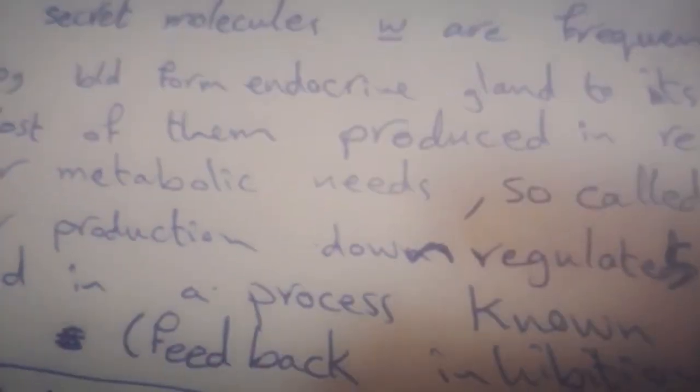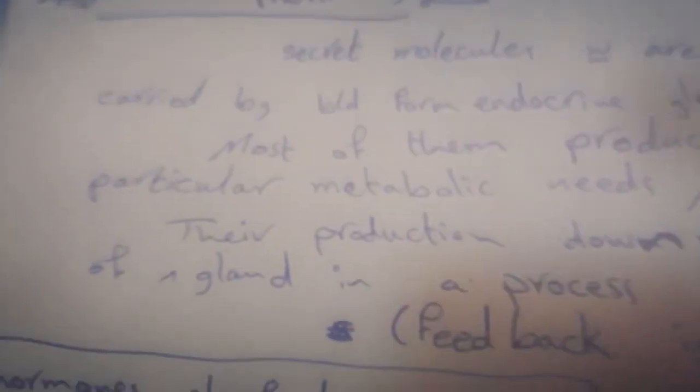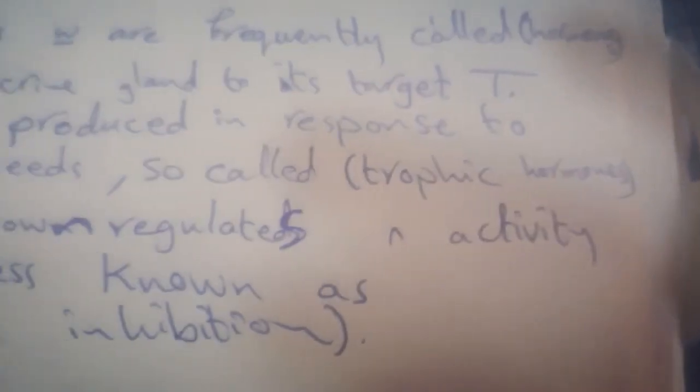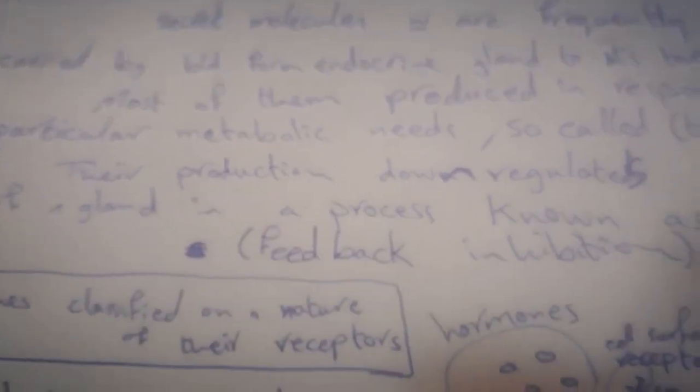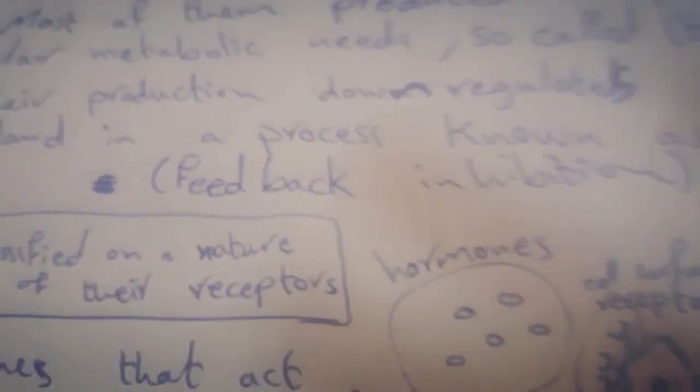Most of them are produced in response to particular metabolic needs, so-called trophic hormones. Their production then regulates the activity of the gland in a process known as feedback inhibition.